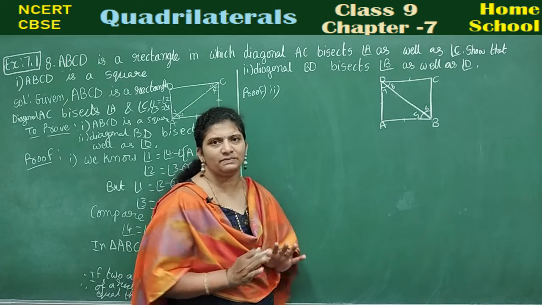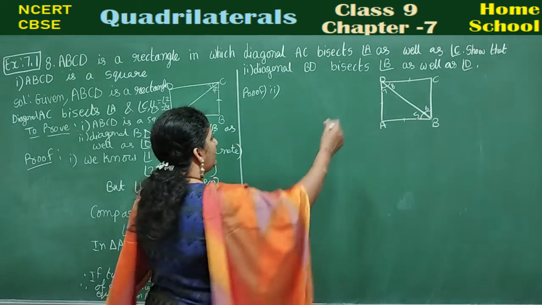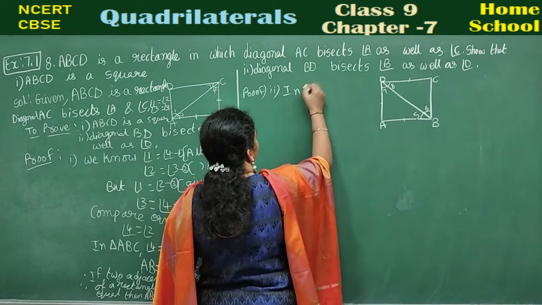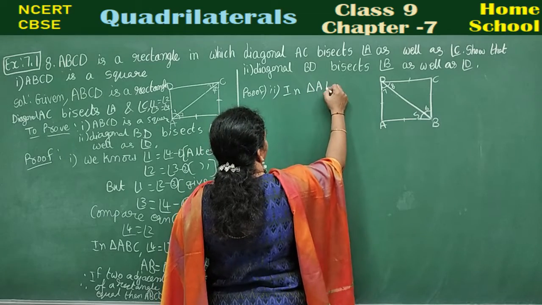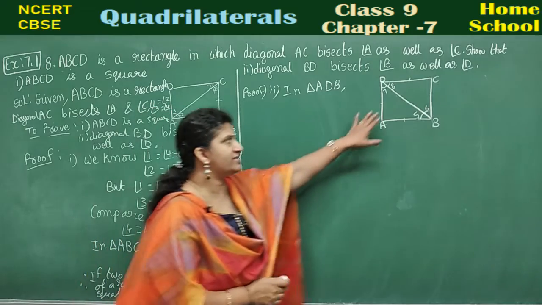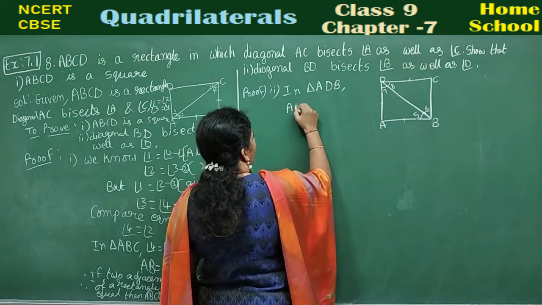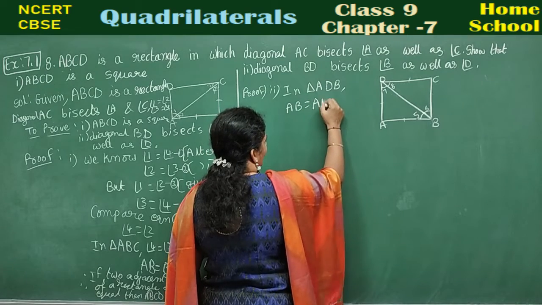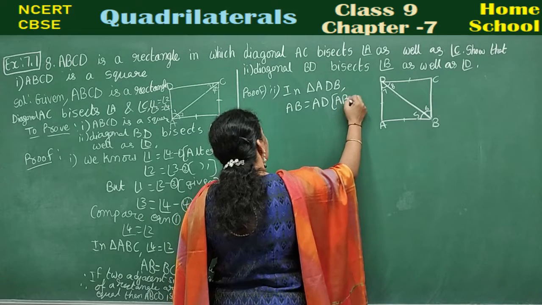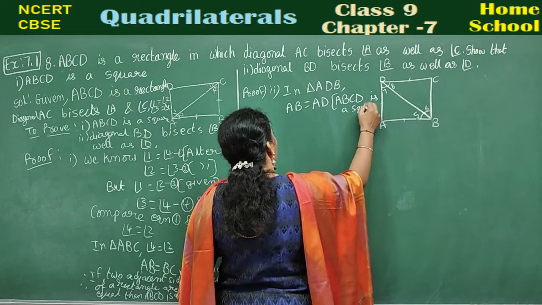This is very simple, but consider any one triangle. Let me consider triangle ADB. I am going to consider this triangle. What can I say? AB is equal to AD. How did I say that? Because ABCD is a square, as we have proved before.